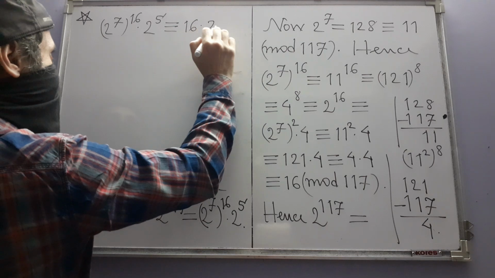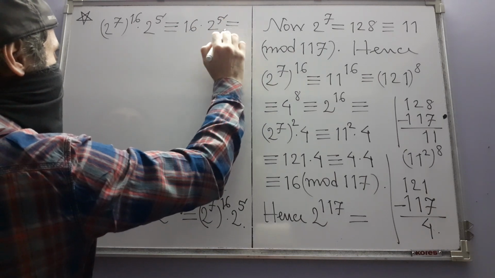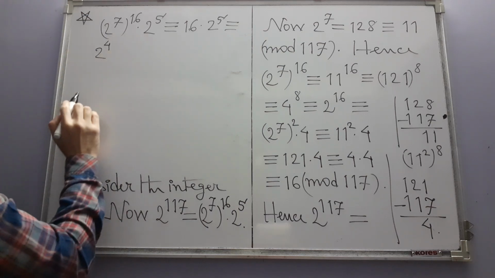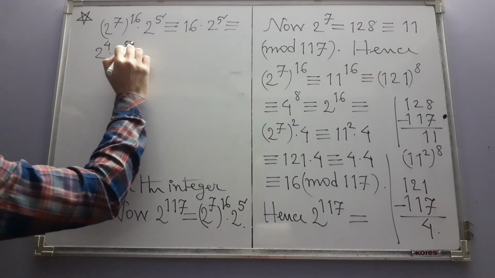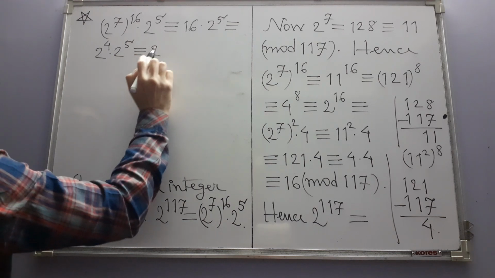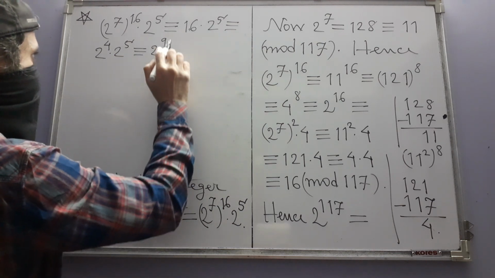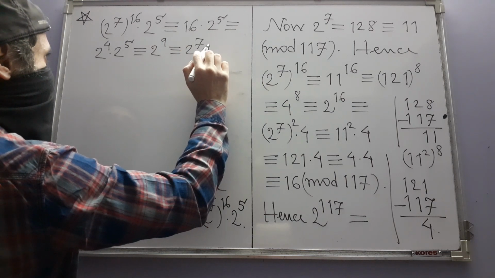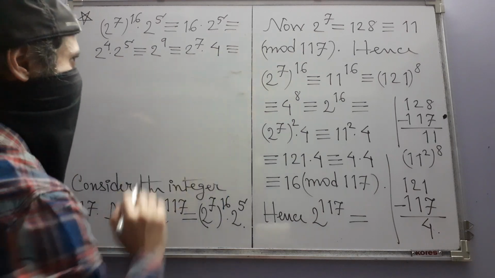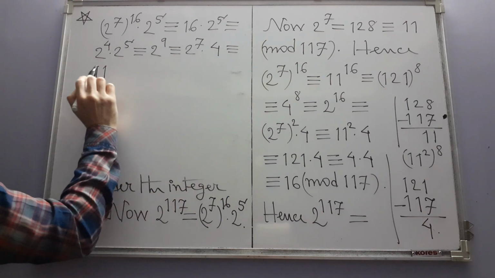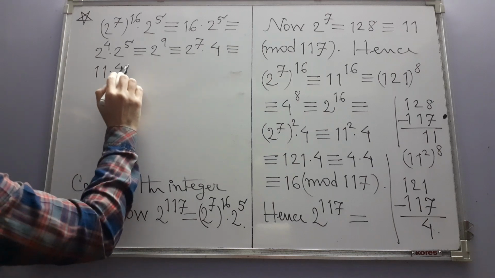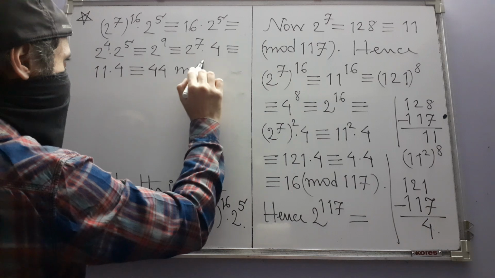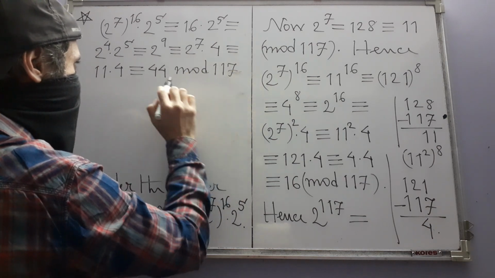Well, let me just keep it like this, because this is also a power of 2. So again we can bring 2 to the power 7, modulo 117.